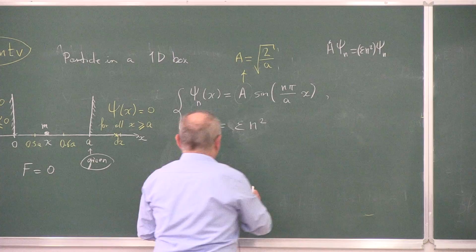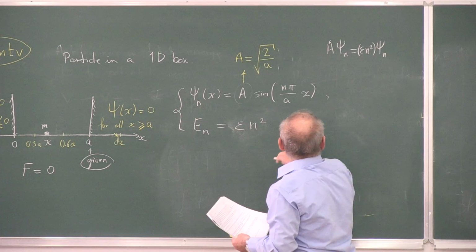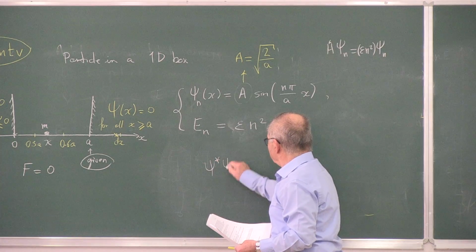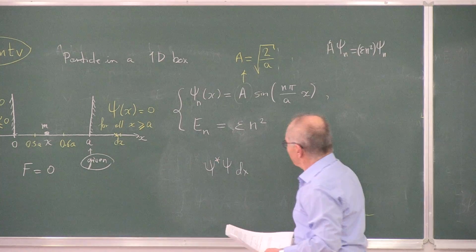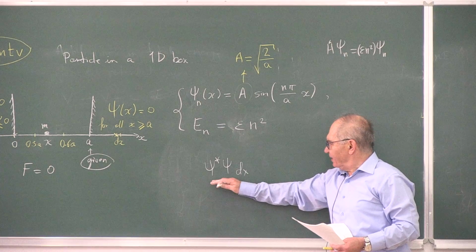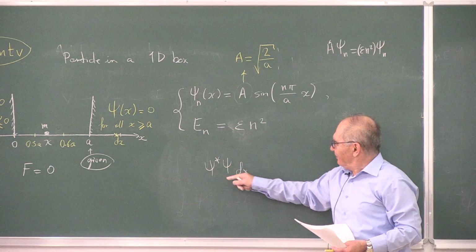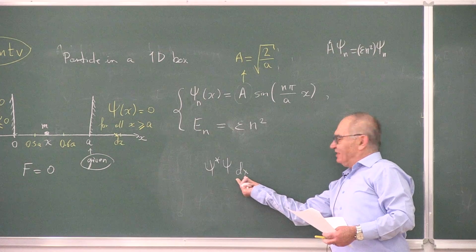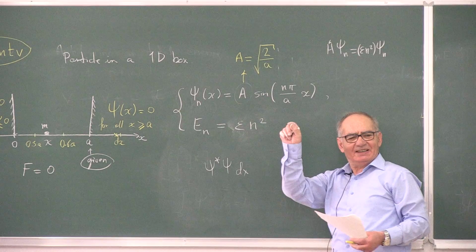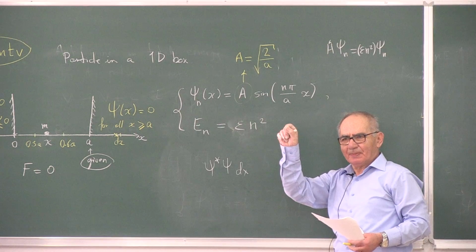What is our expression for probability? This gives us the probability of finding the particle inside a tiny interval. The tiny interval is dx. Very tiny, very small dx.